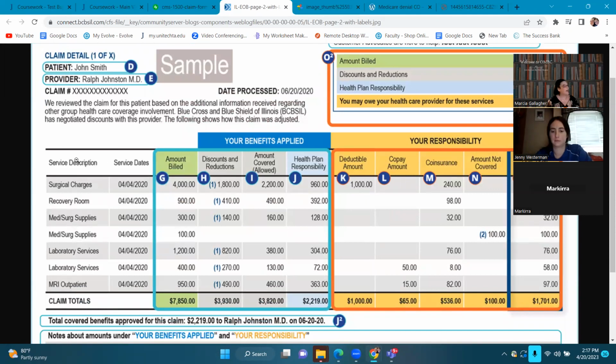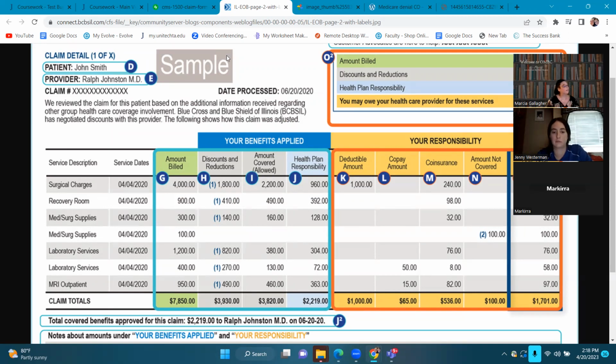We're looking at the service description in this area first, and it says surgical charges, recovery room, medical supplies. It's going to give us a list. The date of service is all the same. It's an outpatient, so the patient went in and then went out on the same day. The billed amount, the reductions or discounts, the covered amount.